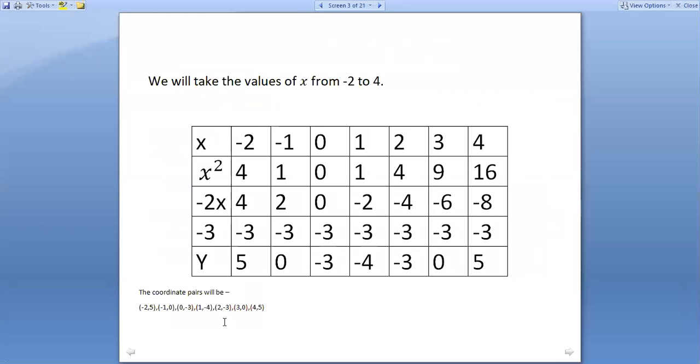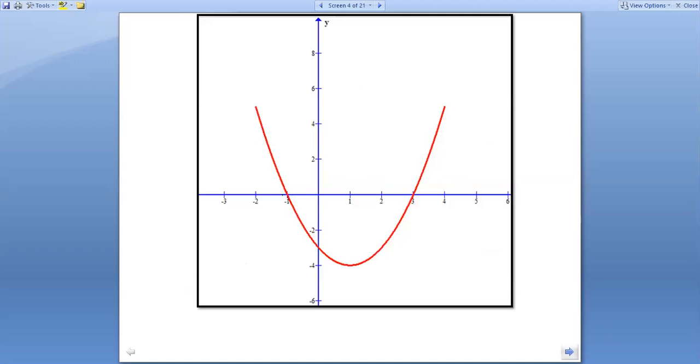So these are the coordinate pairs, and now we have to select a suitable Cartesian plane and plot these points on the Cartesian plane and join these points smoothly. So you can see the x values vary from -2 to +4 and the y values vary from -4 to +5. So when you draw the graph, you will get a graph like this.